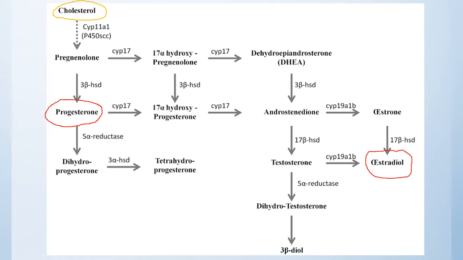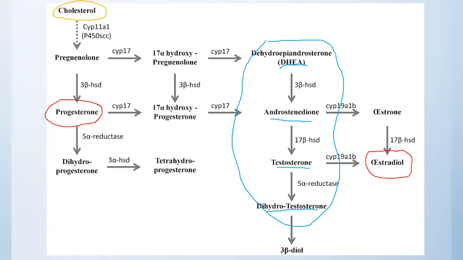And look at this side, you can see all the androgens: DHEA, androstenedione, testosterone, and DHT. Notice that they come from the same source, cholesterol as well, and with certain enzymes it becomes androgen.